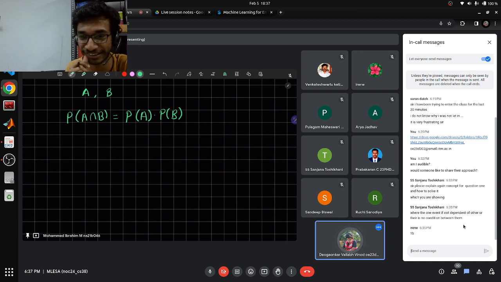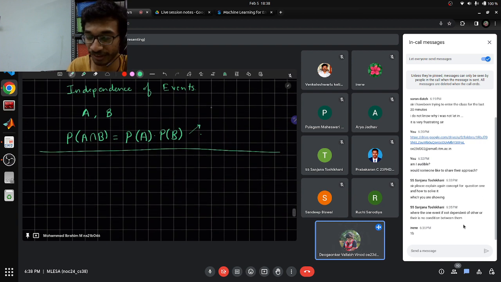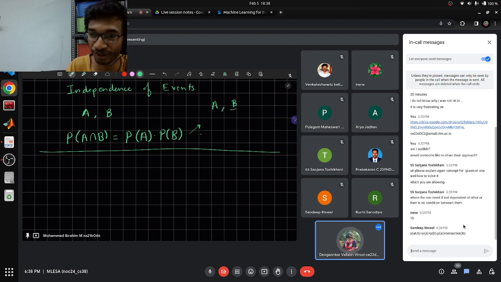Should I discuss the answer? Okay, I'll discuss. Essentially, this is the definition of independence of events. What this means is that if event A occurs, there is no condition that B should occur with this probability or some other probability. That's all it means, and that is what this equation is also telling you.